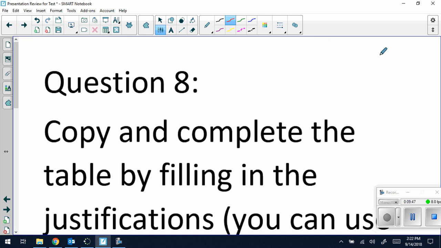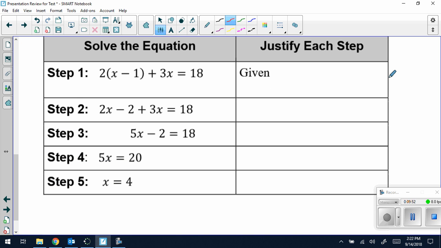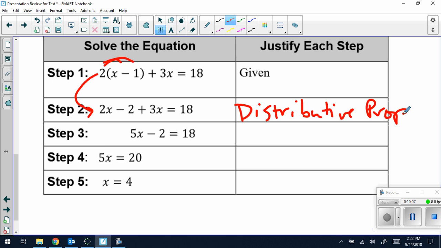Moving on to number 8. All right, so remember when you're doing this, you're looking for what changed. So step 1 to step 2, I distributed. Boom, boom. That's our distributive property. Step 2 to step 3, I added the 2x plus 3x, combined like terms.